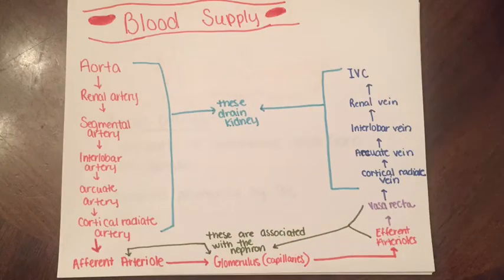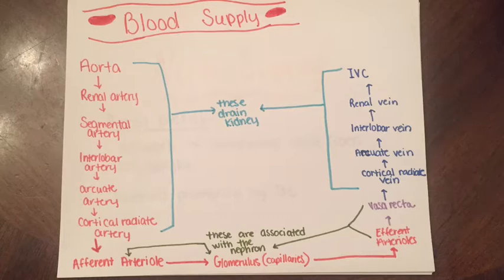Blood supply. This is a rough idea of what it looks like when blood goes from the heart through the kidney and then back to the heart again. First, we start off with the aorta, then the renal artery, the segmental artery, interlobar artery, the arcuate artery, the cortical radiate artery.